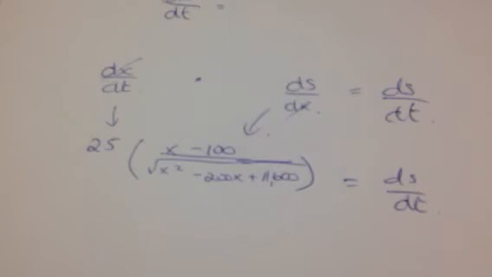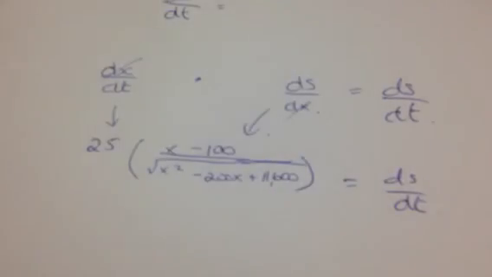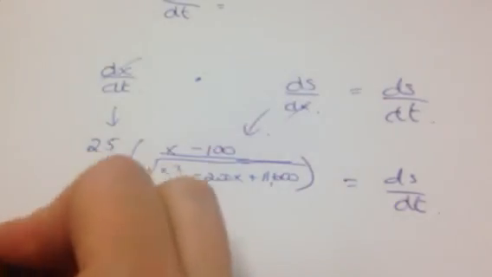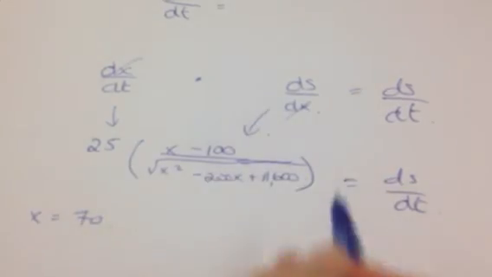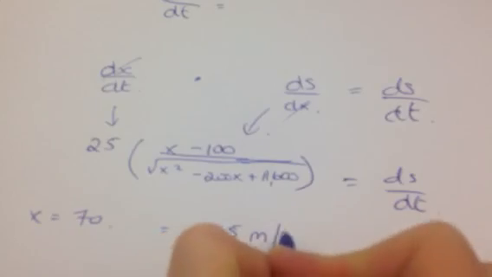While the car is at C, I know that x is 70. Like if I go back to my original diagram, if the car is here, then x is 70. So I can sub in x is 70 into my new formula, throw it into calculator, and I'll end up at minus 15 meters per second.